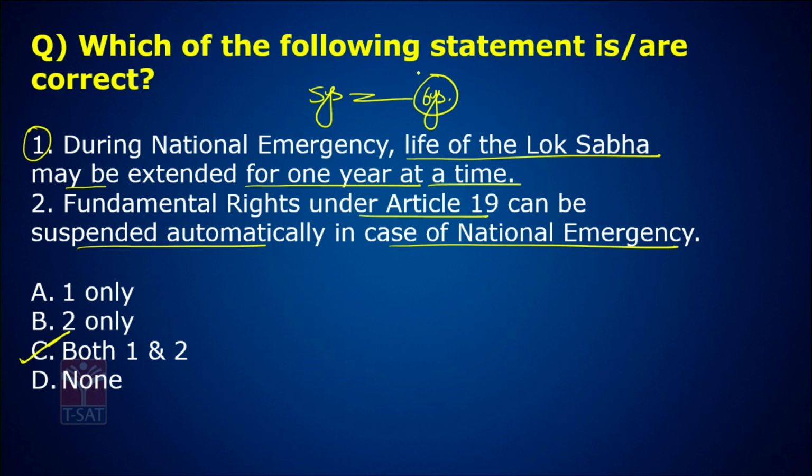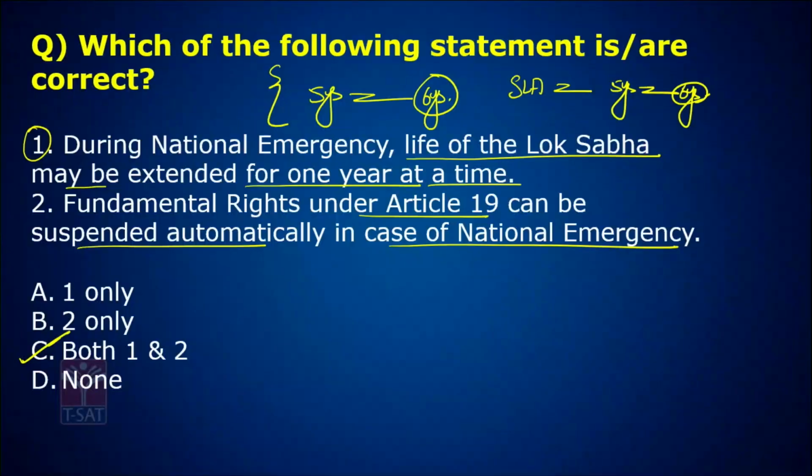Not only Lok Sabha, even the State Legislative Assembly can be extended by 1 year by Parliament, and this can be renewed every time by 1 year till the emergency is in force. Whenever the national emergency ceases to operate, within 6 months, there should be elections. This is your first point.